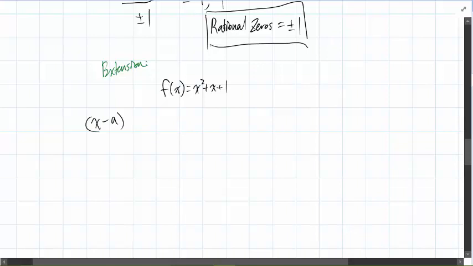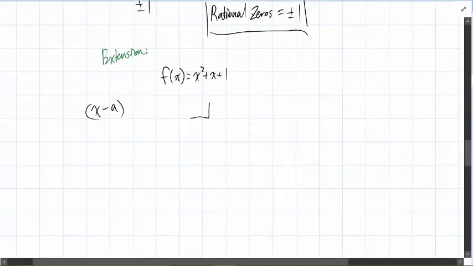So I would do it not as the long division from before, but with the 1 and all the coefficients. This gives 1, 1, 2, 2, 3.